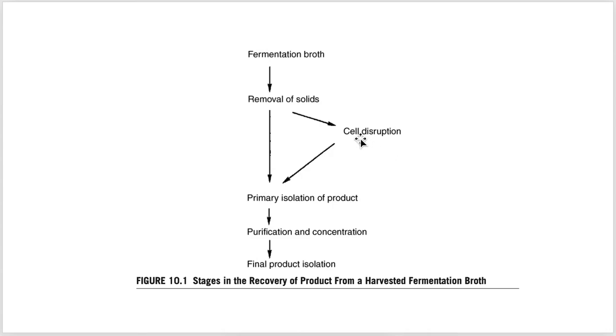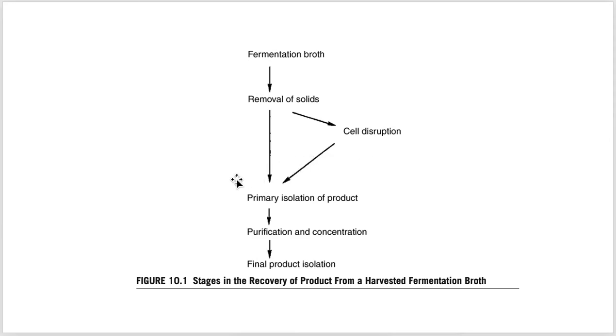Whether the product is in the disrupted cell or in the liquid, we then need to isolate the product. If the product is in the liquid, we have to isolate it from the liquid. If the product is in the disrupted cell, we have to isolate it from there. There are different methods for doing this.